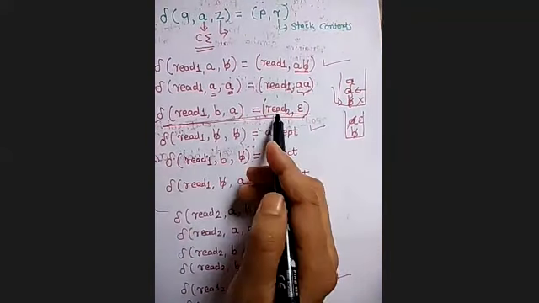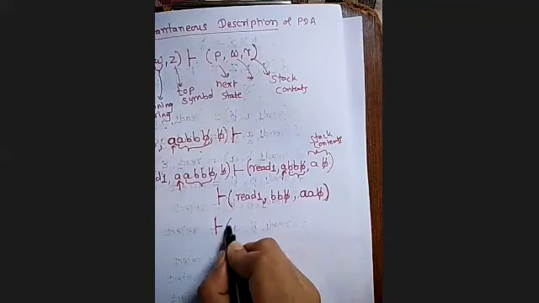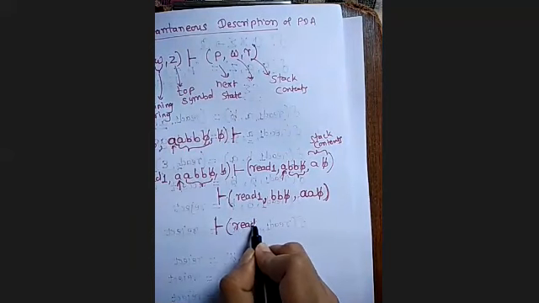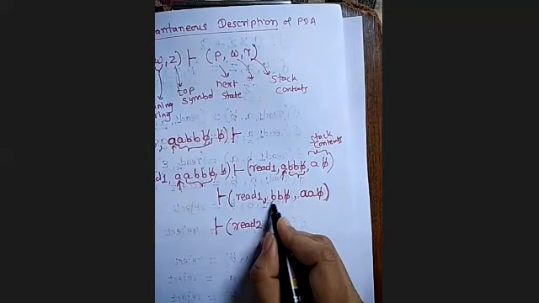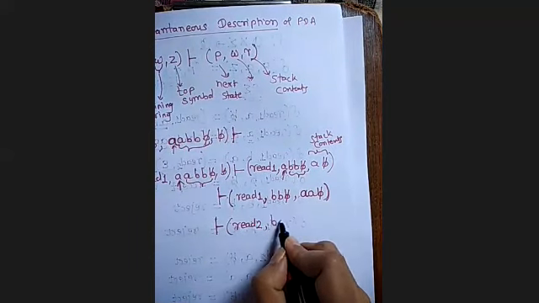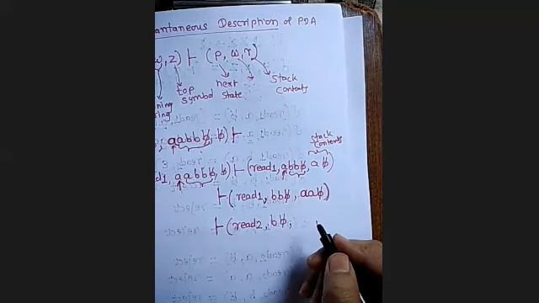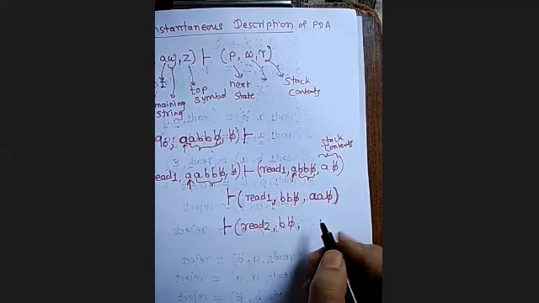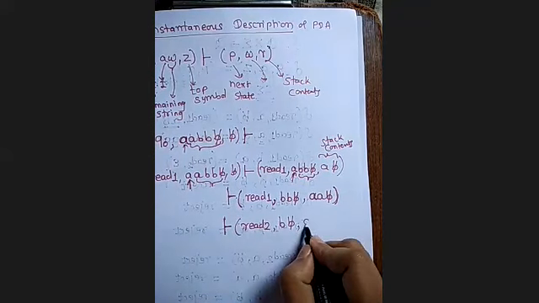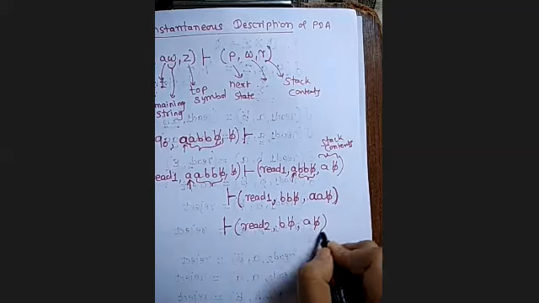So the next state is read two, and A is popped from the stack. So read two. B is read now, so only one B is left, then blank. What is the stack content? Can anybody tell me now? A and the blank, correct. Because A is popped from the stack.